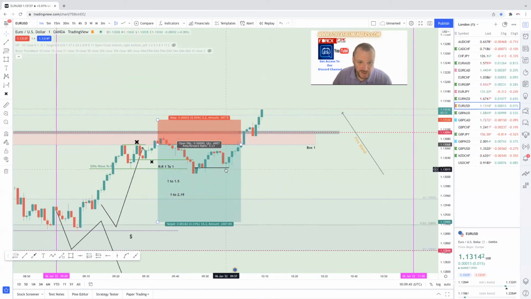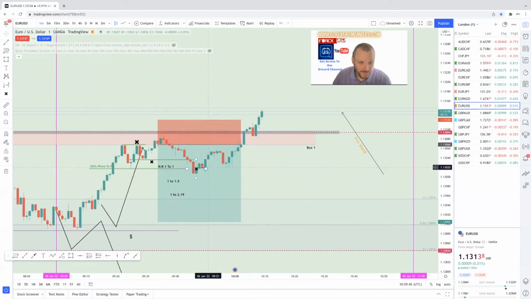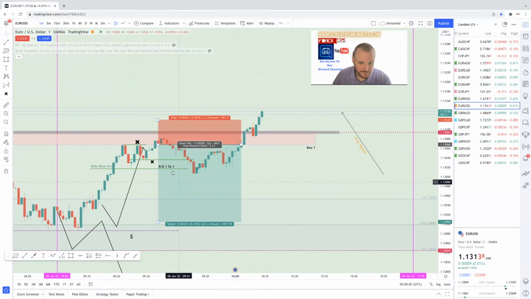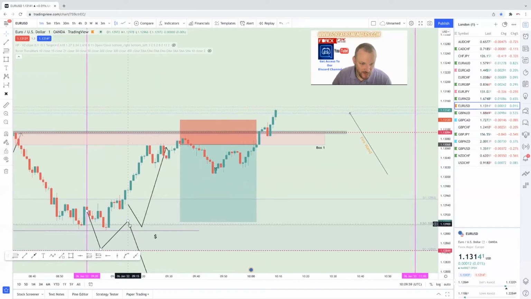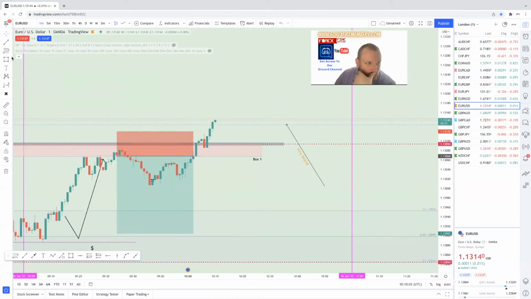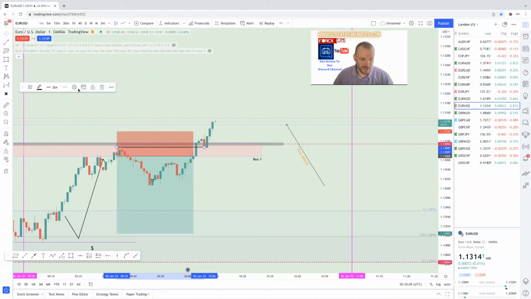So now we've had a break of structure. Let's just clear what we're looking at. Now we've predetermined where this is moving as well. Right, so now we've had a break of structure from that aspect, okay?